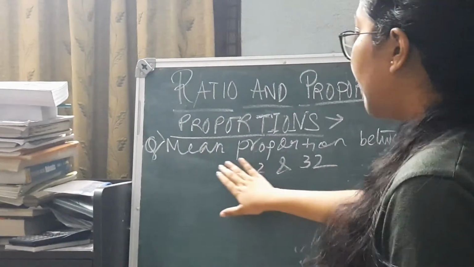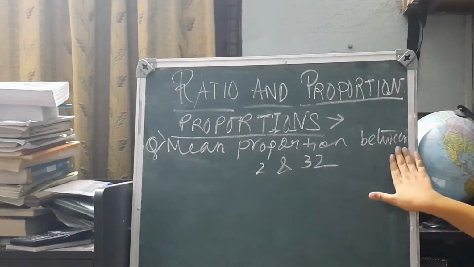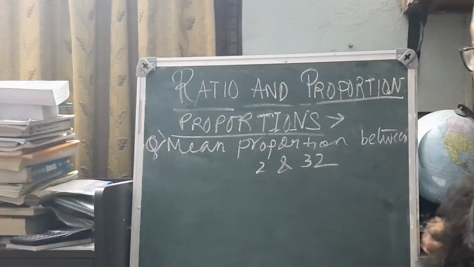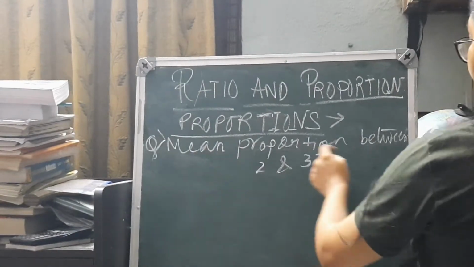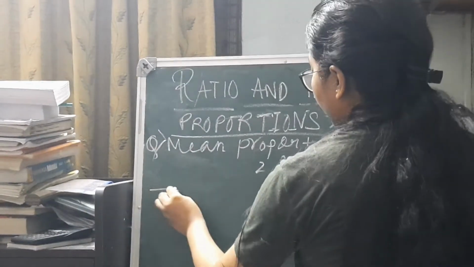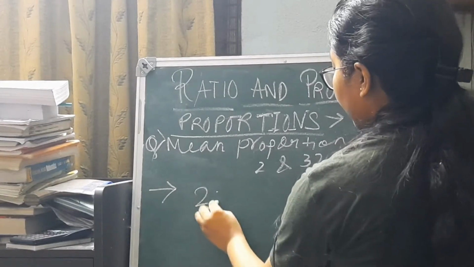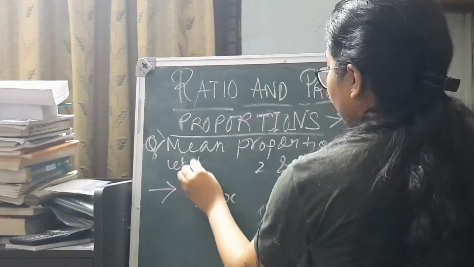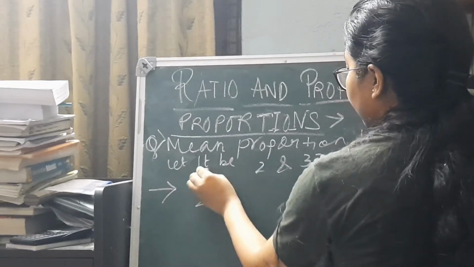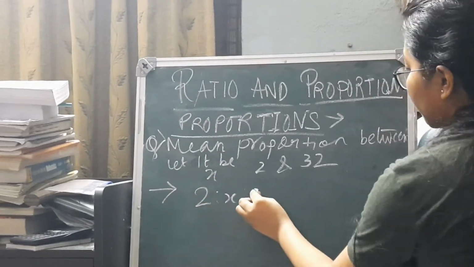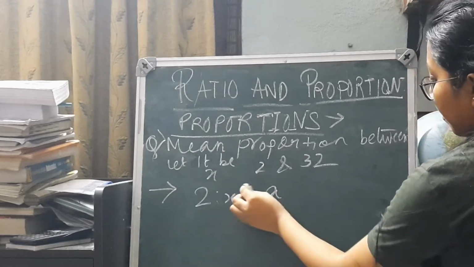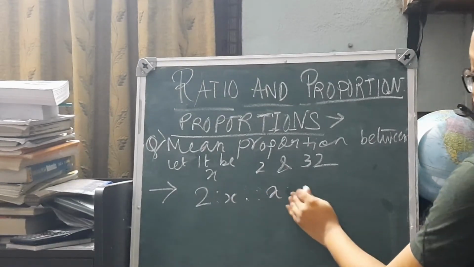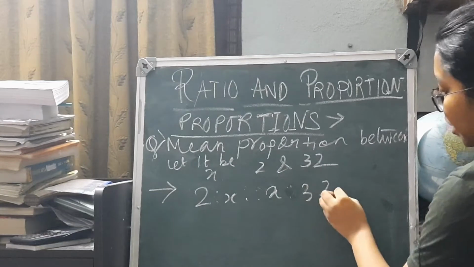In this question, it has been asked to find the mean proportion between 2 and 32. Mean proportion means the in-between term. Let it be x. Then 2 is to x is proportional to x is to 32.